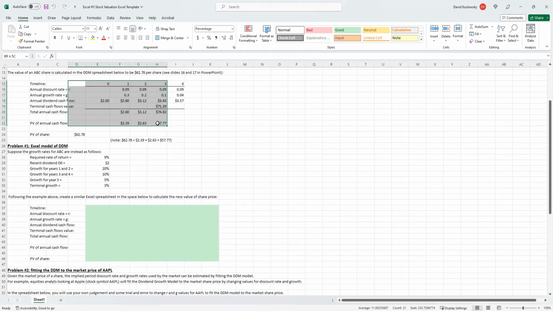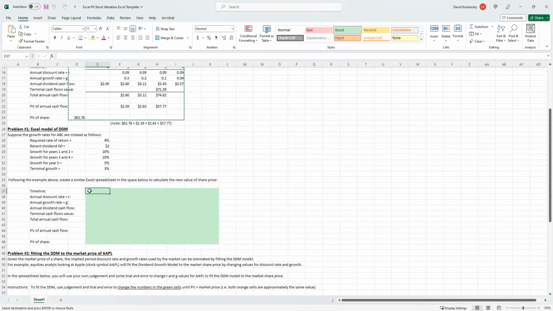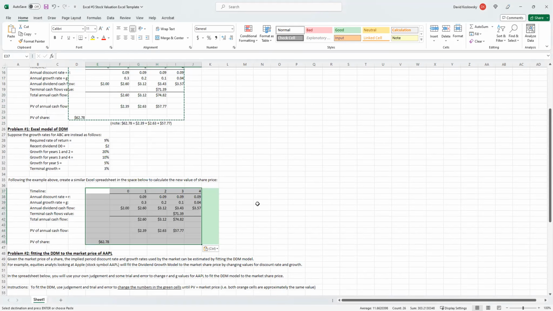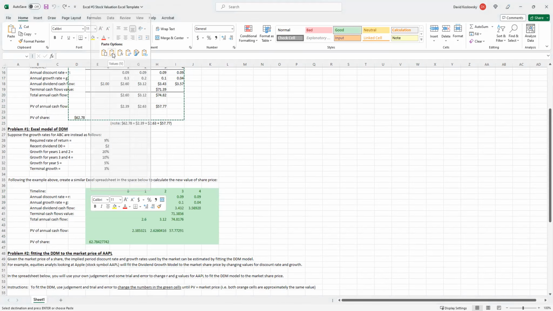To begin with, the simplest way is just to reuse most of what's up here. So we copy it, we go down, we paste it, and actually, can we keep the color green? One moment here. Yeah, we can keep the color green if we want to.